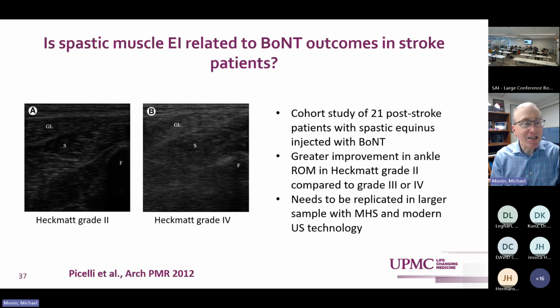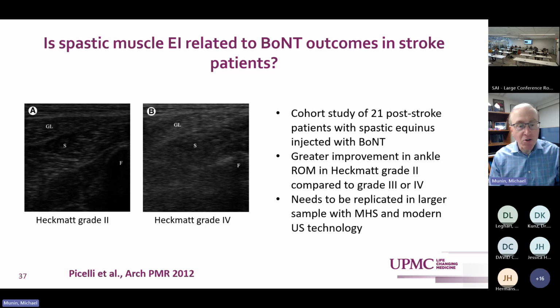Now, is spastic muscle echo intensity potentially related to outcomes? Well, there's one good study by Pacelli that was published in 2012. It was a small study of 21 post-stroke patients with spastic equinus injected with botulinum neurotoxin. He documented a statistically greater improvement in range of motion, and he used the original Heckman, not the modified Heckman, so the grades aren't quite as good, but he saw that grade 2 had better range of motion than grades 3 or 4.